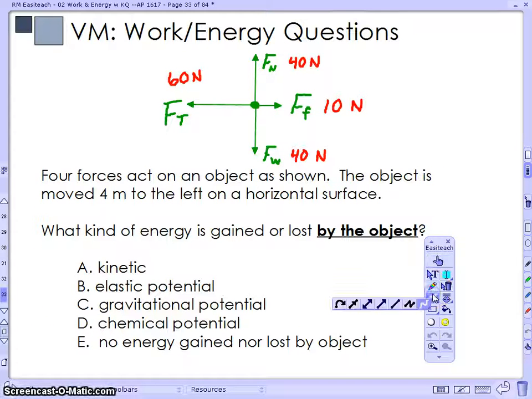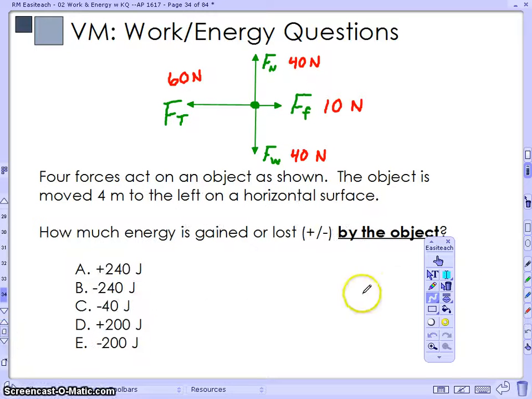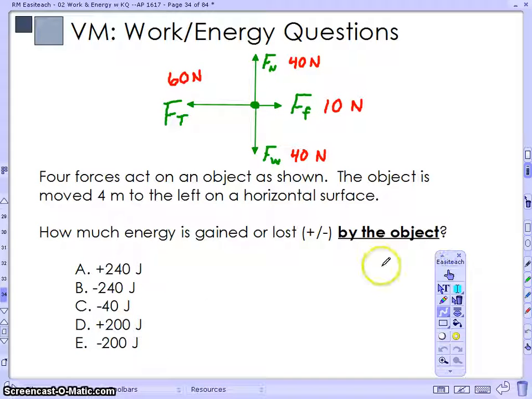Now the object gained kinetic energy. Sorry, I answered that one kind of quickly. The amount of energy gained or lost by the object is always going to be equal to the net work done on the object. Well, that's not true. In this case, because we know it's kinetic energy, it's equal to the net work done on the object.